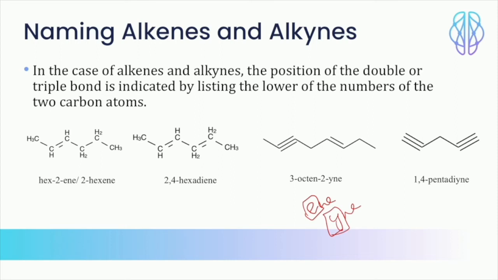It's a little bit of a mouthful to say, even harder to name. But just bear in mind that if you have a triple bond and a double bond, that is how you'd name it. And then, for example, if you had it in different spots, you just change these numbers around. However, this rule of naming the alkene before the alkyne applies because of the alphabetical order nature, right?